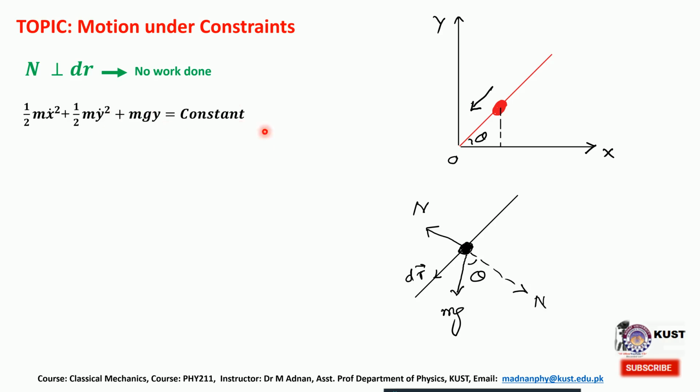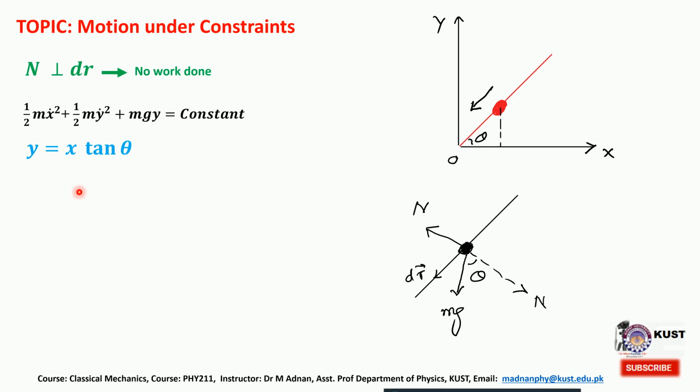In this way, through the energy description, we can eliminate the discussion of the constraint forces. In this example, the normal force is the constraint force, so it can be eliminated once we adopt the energy description, which is a handy tool to describe systems under constraint.